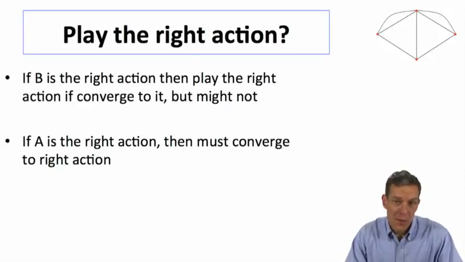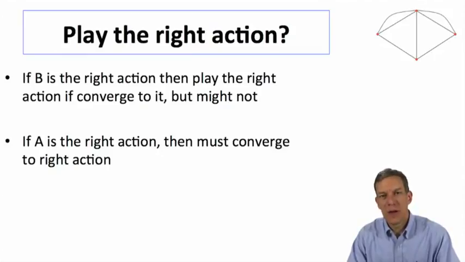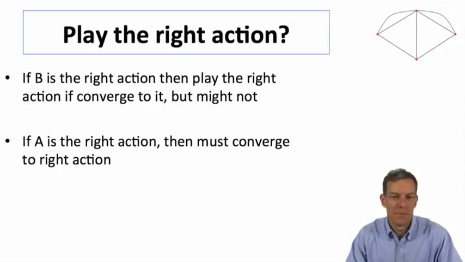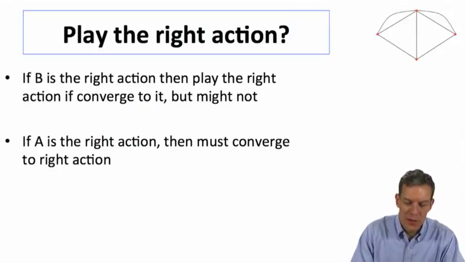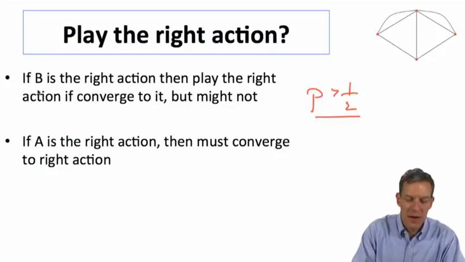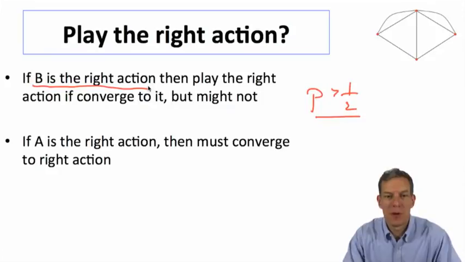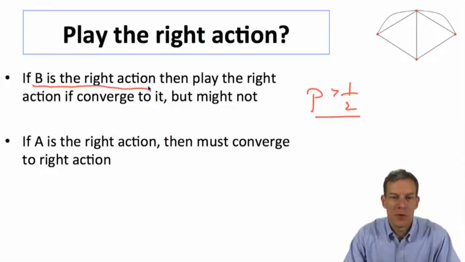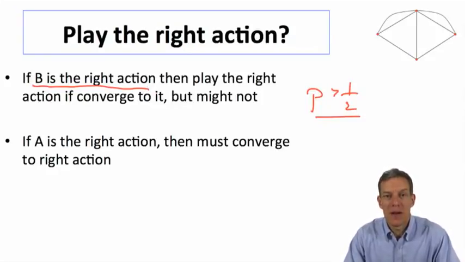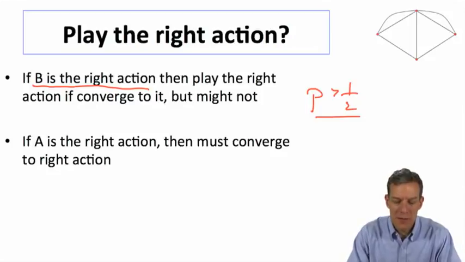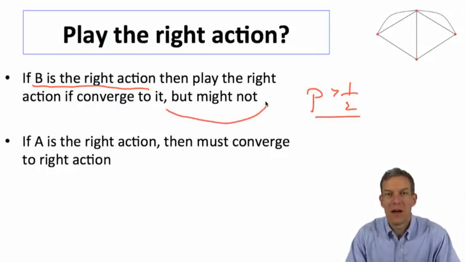Well, does that mean that we always converge to the right action? That if P is really bigger than a half, we converge to B, and if P is really smaller than a half, then we're going to converge to A? Well, let's suppose that P is really bigger than a half. If P is bigger than a half, then B is the right thing to do. We should really be playing B. So we will play the right thing if we actually converge to that, but it's possible that we might not converge to that.